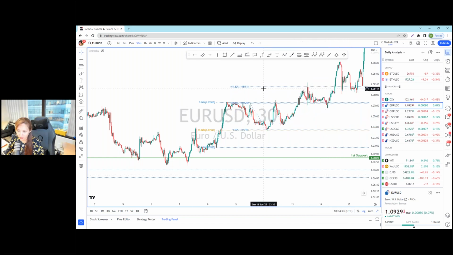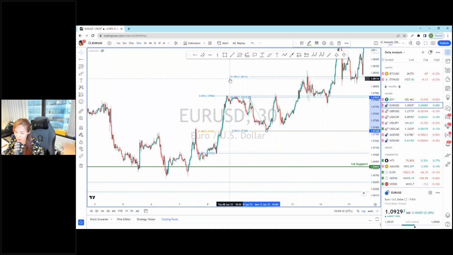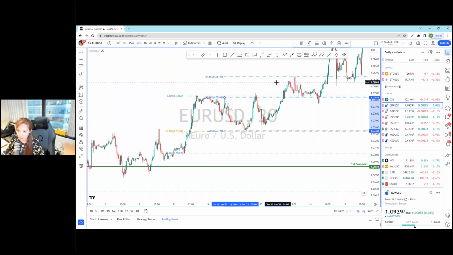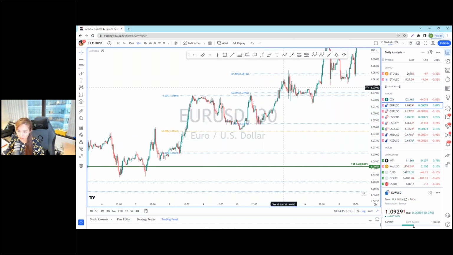We studied that already. This is your TP. You go from here, and you can see that price reacts at extension 61.8%. From here you can draw here to here as well, and you can see that price reacts at 61.8%.